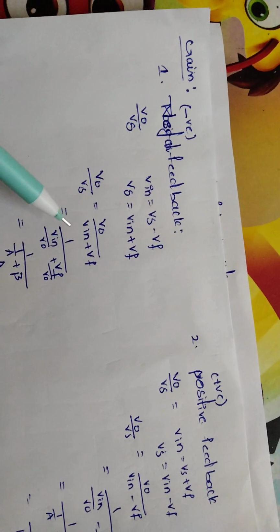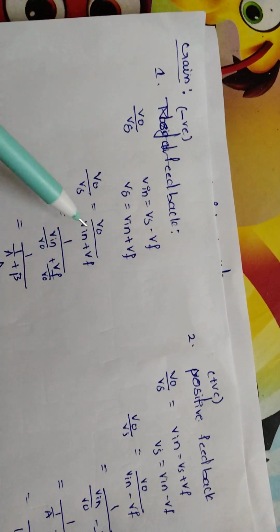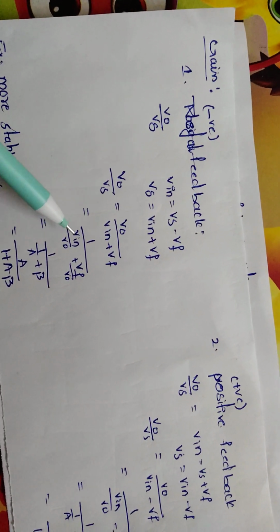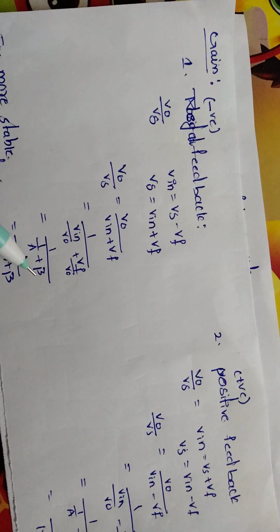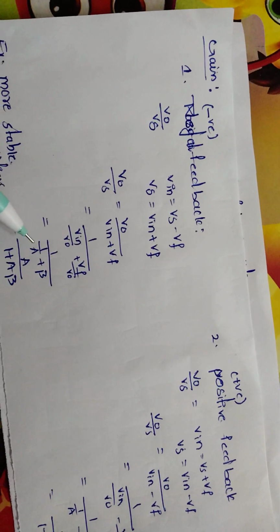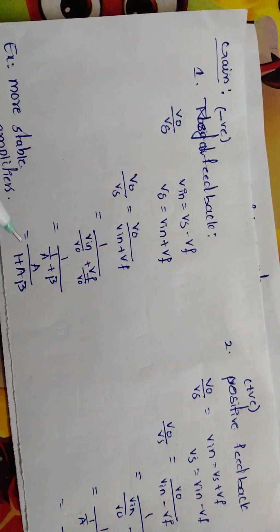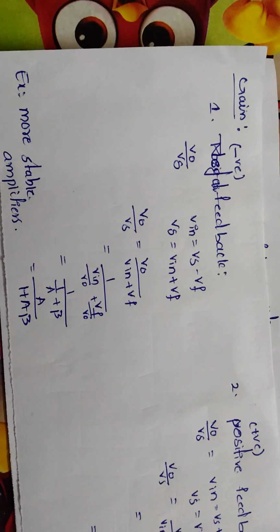Dividing the numerator and denominator by Vin, we get 1 by A plus beta, so the gain is A by 1 plus A beta. We use this in applications that need more stable amplifiers.